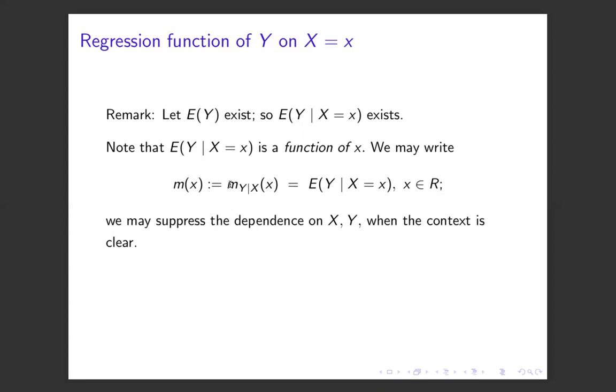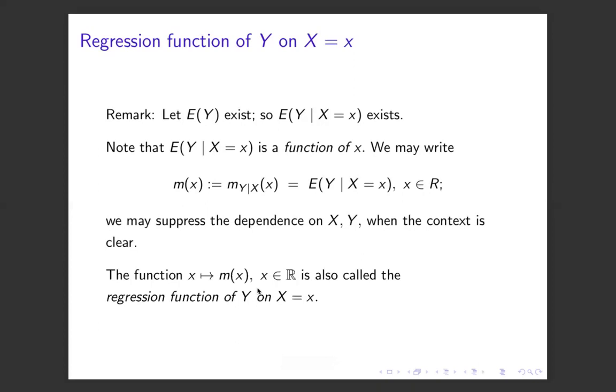In this notation, the subscripts express that this object also depends on x and y. But if the context is clear, we will suppress that and denote it by just little m. So this function x going to m(x) is called the regression function of y on capital X equal to little x.